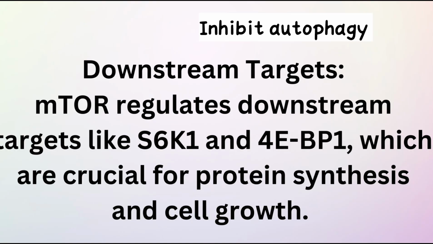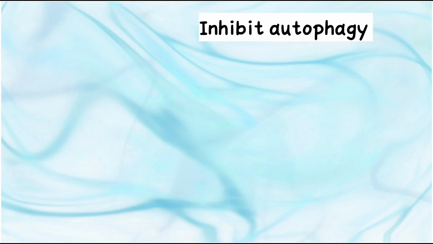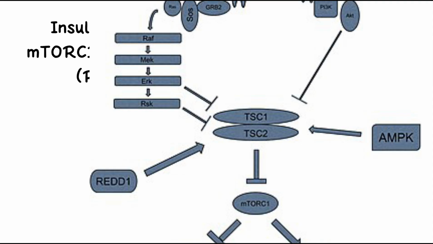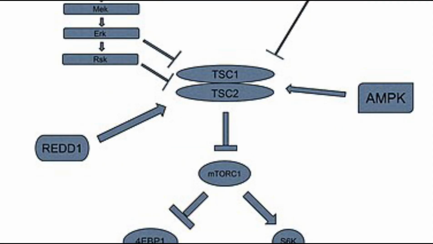Now the mTORC1 inhibition pathway. When energy or nutrients are low, AMPK, that is AMP activated protein kinase, is activated under low energy, which increases AMP. So AMPK activates TSC2 and it inhibits RHEB, which further inhibits mTORC1.